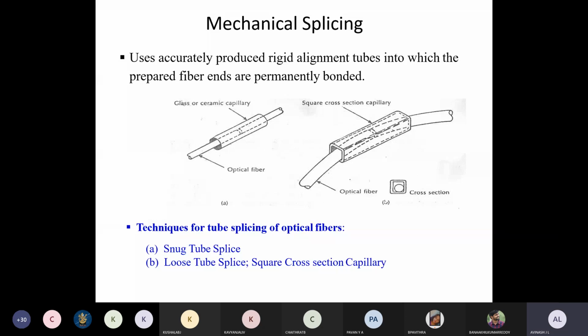Now mechanical splicing. This mechanical splicing diagram is very important, and you can make a note of it. Mechanical splicing uses accurately produced rigid alignment tubes into which the prepared fiber ends are permanently bonded.